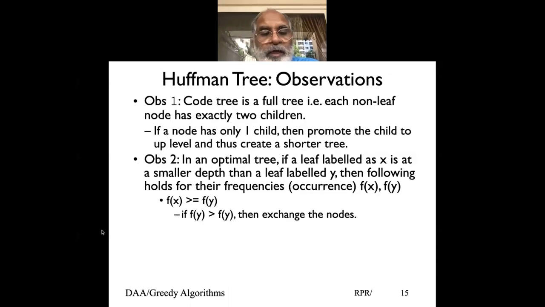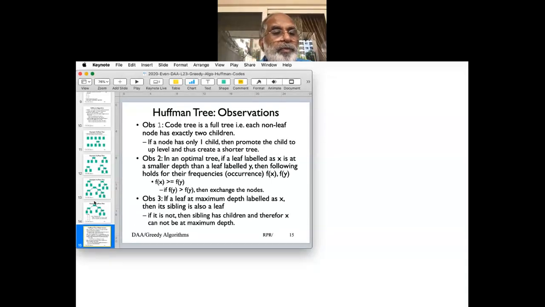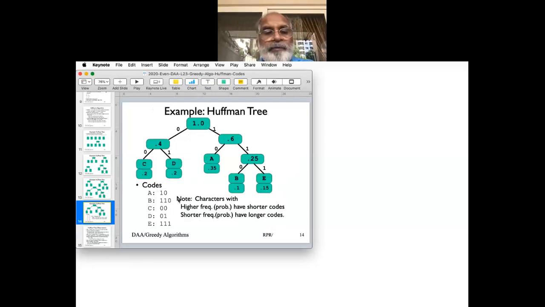And the third observation is, if a leaf at maximum depth is labeled X, its sibling is also a leaf. So again, let's look at this tree here. Nodes B and E are at the maximum depth. So node B has a corresponding sibling at the same level.